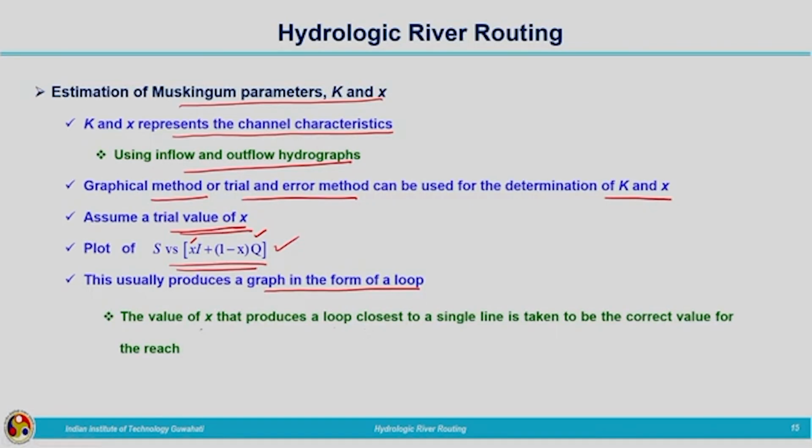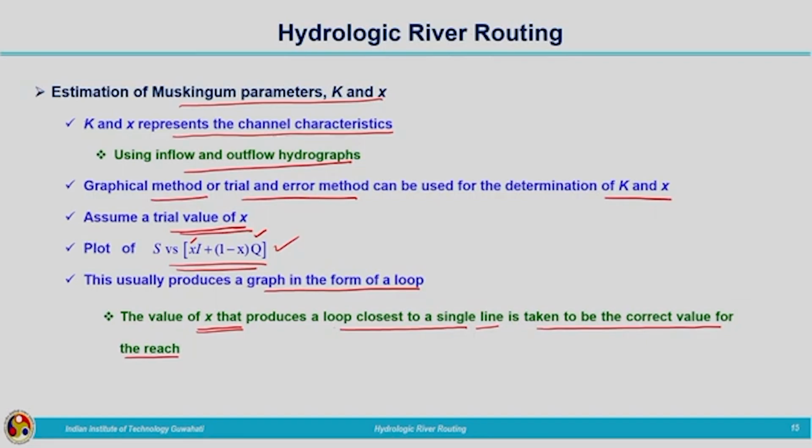The value of x is selected in such a way that the loop which is produced is closer to a straight line. That is, the loop closest to a single line is taken to be the correct value for the reach. When we consider x value varying between 0 and 0.5, we will get a loop corresponding to this graph.